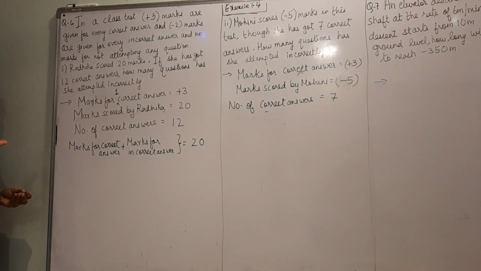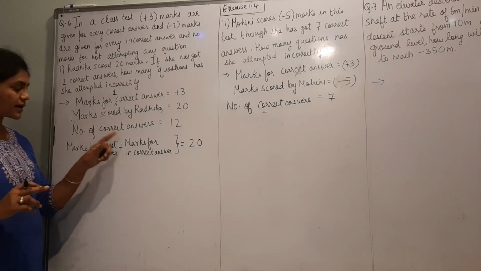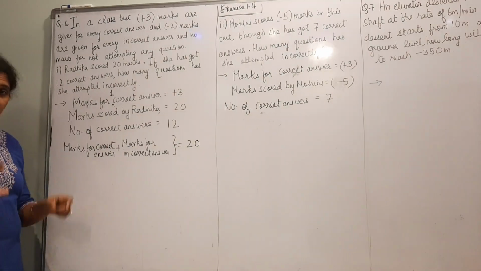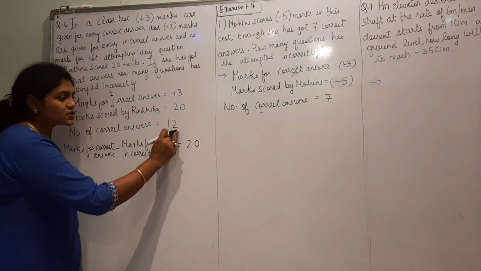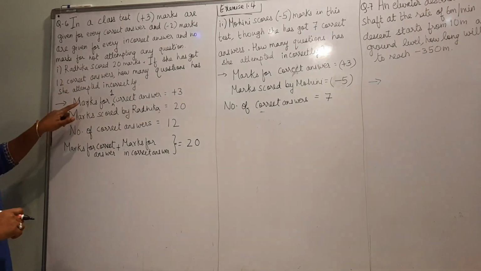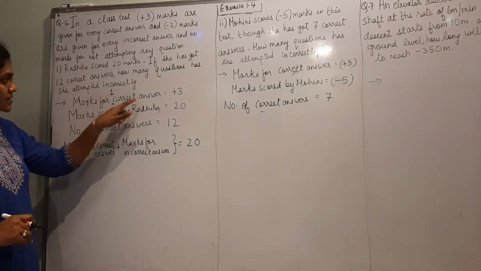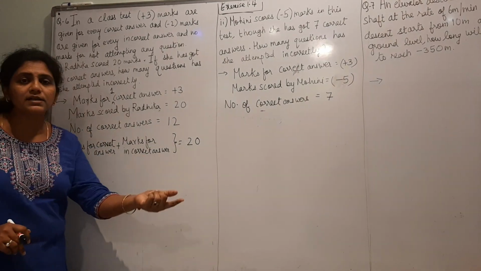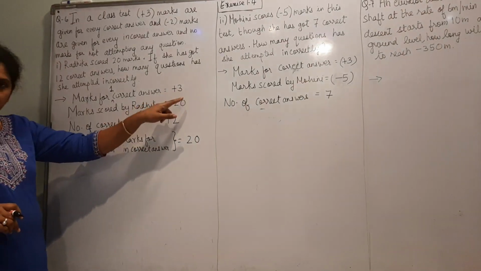Now you know how many questions she has answered correctly. Number of correct answers she got is 12. So marks for one correct answer is plus 3. So marks for 12 correct answers will be 12 into 3.